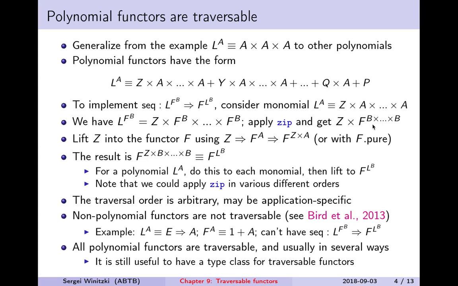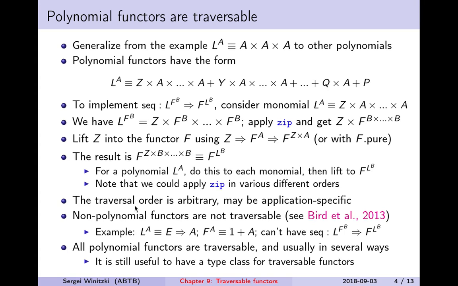We could first zip this and then put z on the right. We could change orders in different ways. And so the traversal order could be application specific. It could be necessary to adjust it for a certain application. You can always implement it in some order automatically, say, but it may not necessarily be correct for your application.